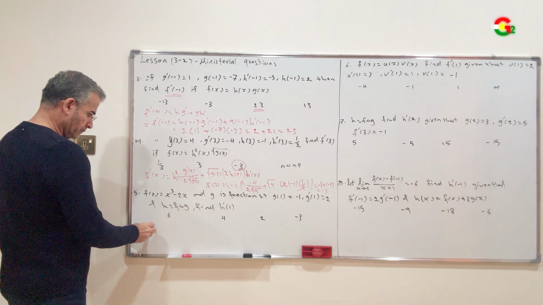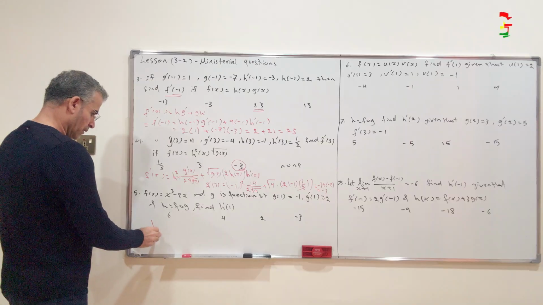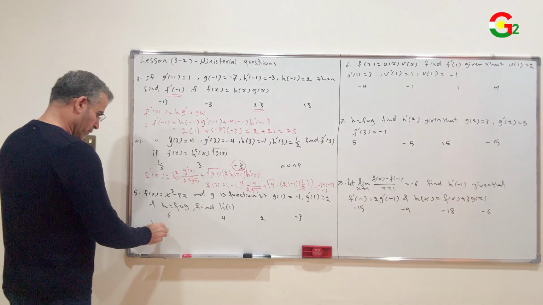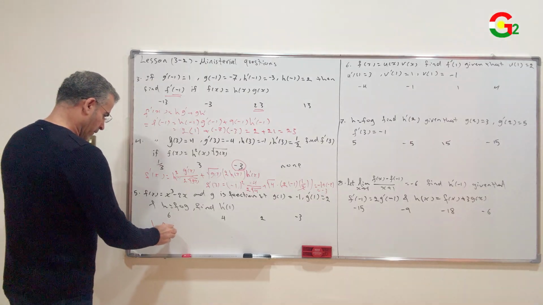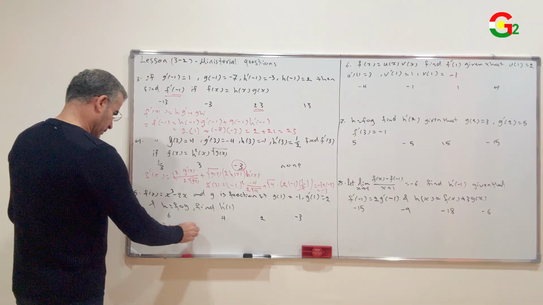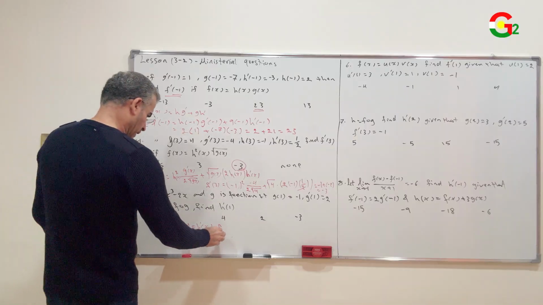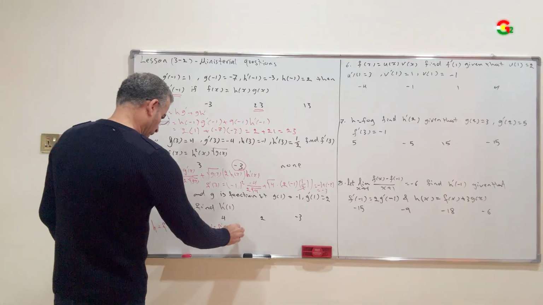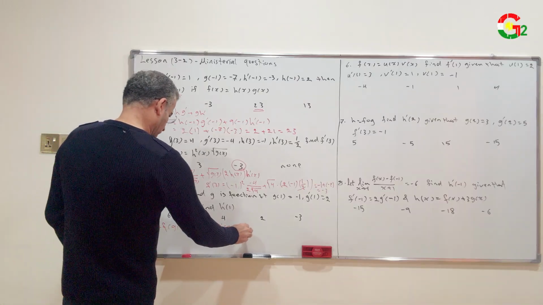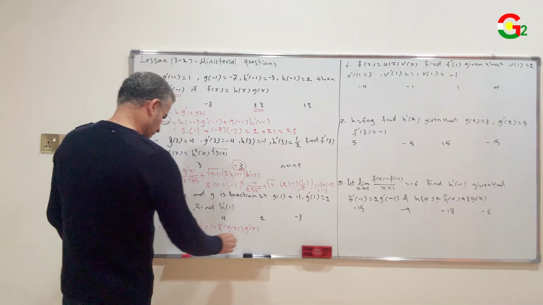h equals f of g of x. Then h prime of x equals f prime of g of x times g prime of x.